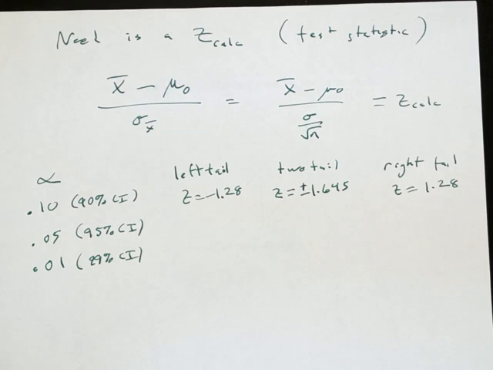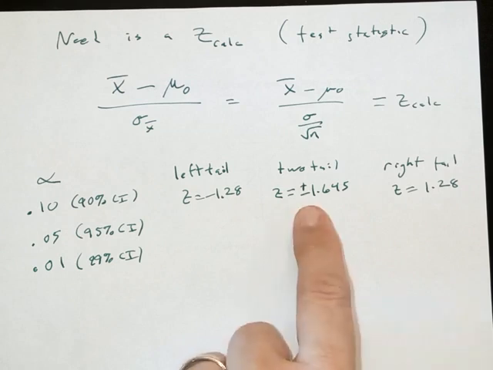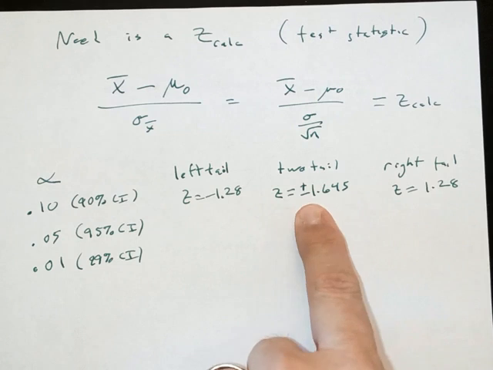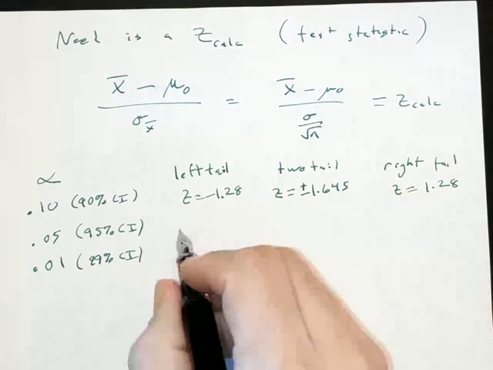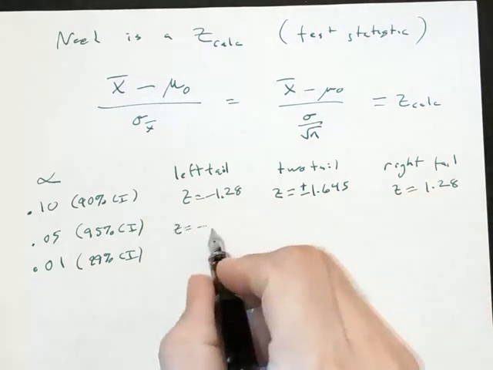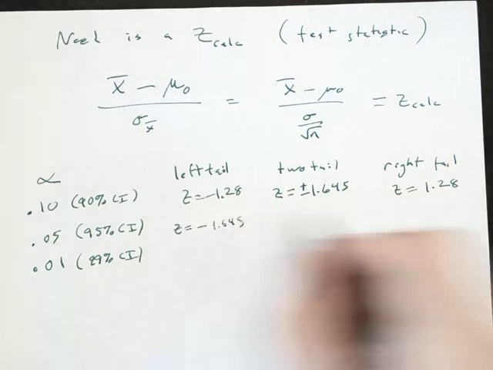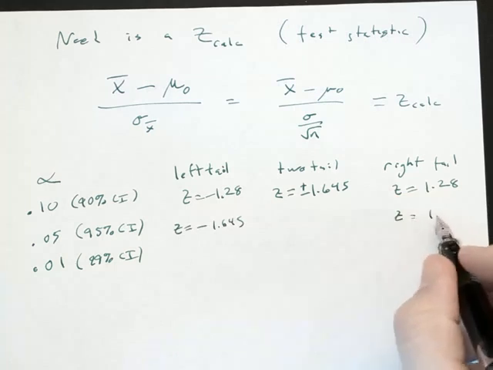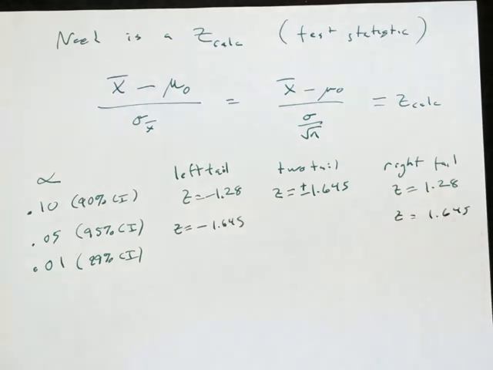Okay, let's repeat the process. We just did 0.05, didn't we? We came up with 1.645. When the alpha was 0.05, that means that right here is z equals negative 1.645, and over here is z equals positive 1.645. How convenient.